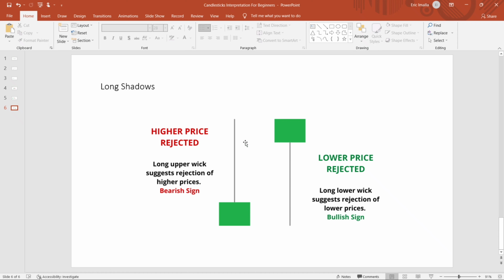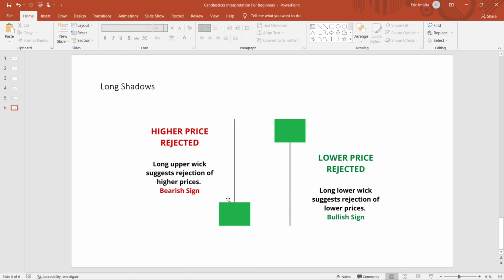So based on the side that the shadow has appeared, it will help you to determine whether the rejection is from the buyers or from the sellers. So in this example, it's the buyers who've been rejected by the sellers. And just because the buyers have been rejected by the sellers, it doesn't give you a signal to now take the opposite trade, but it just helps you to interpret the behavior of the market.